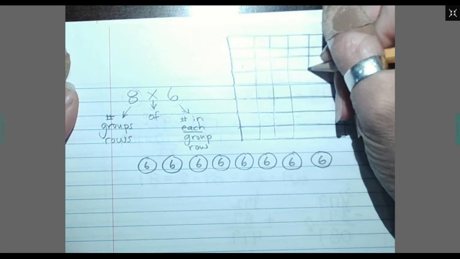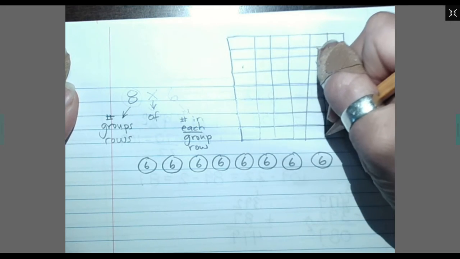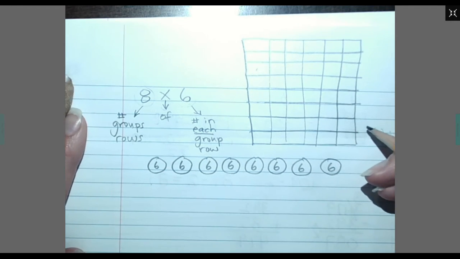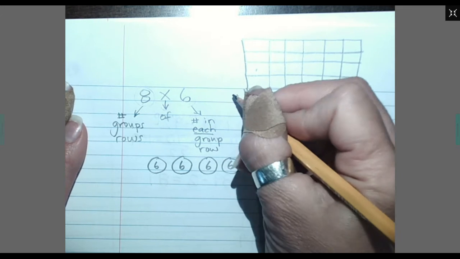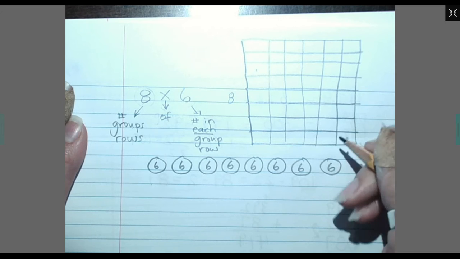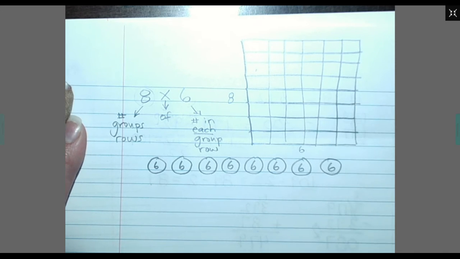Now these are supposed to be equal groups. As you can see, my drawing is not perfect. So I have 8 rows of 6.